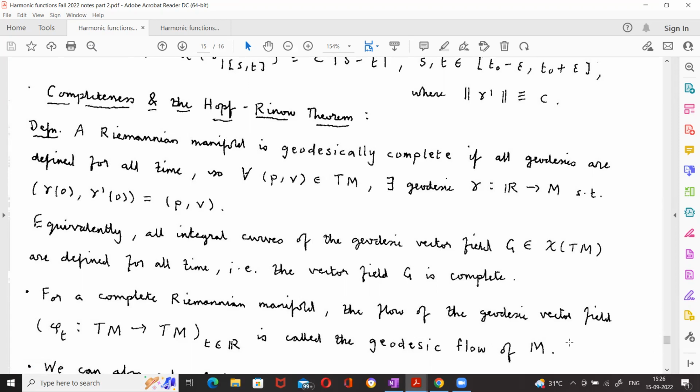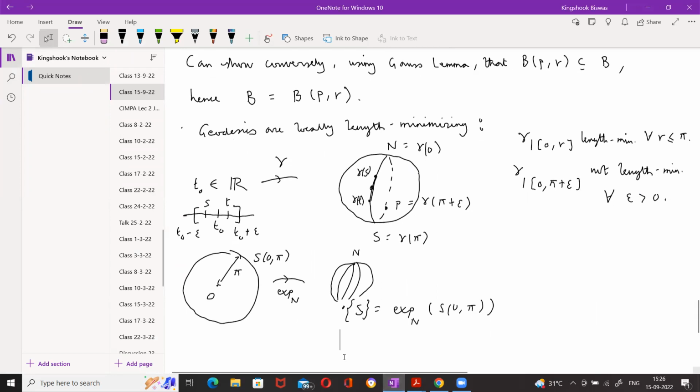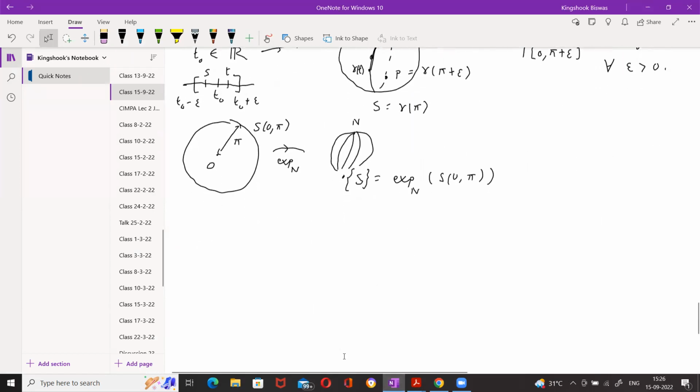Okay. So what does the geodesic flow do? Let me draw you a picture of the geodesic flow. So M is a complete manifold, a geodesically complete manifold.